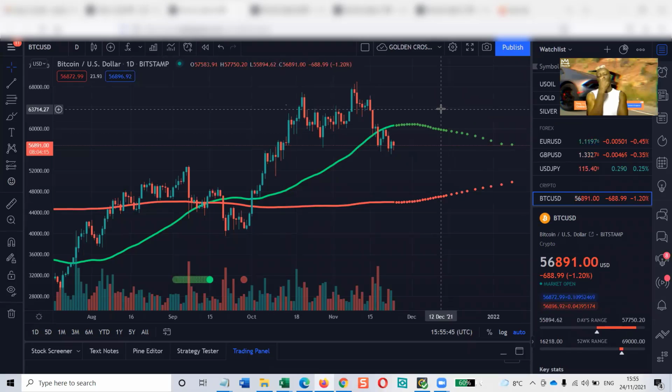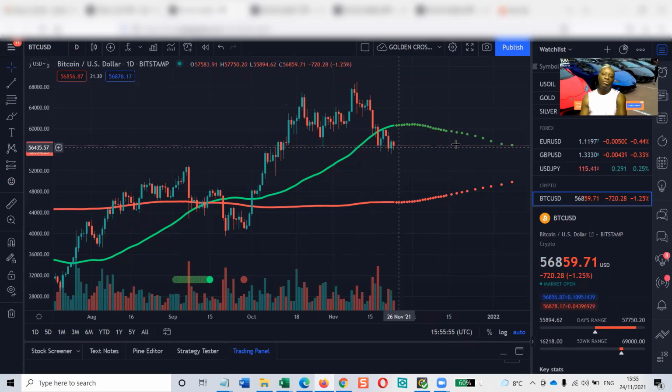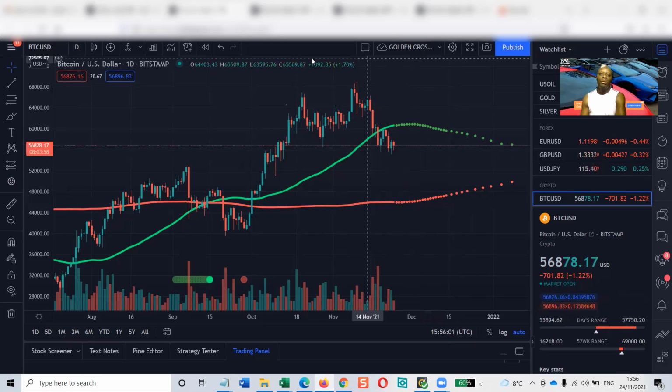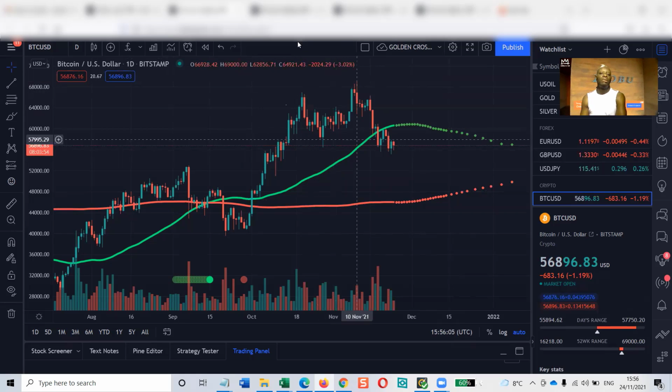Looking at Bitcoin specifically, the price action is just below the 50-day moving average, which is the green line, so it's falling below, but it's trying to work its way back above. It's still above the 200-day moving average, so that's all that matters at the moment.